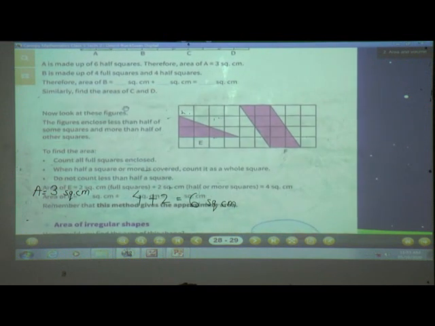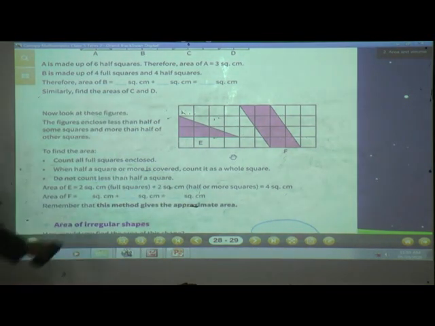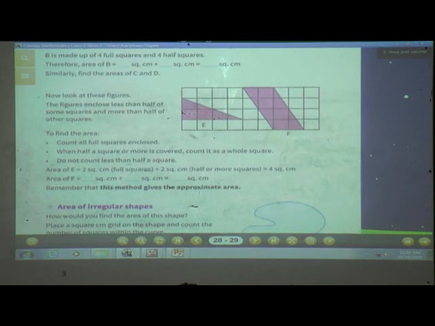Look at this figure. Here, the figures enclose less than half of some squares and more than half of other squares. See here. To find the area, how to find this area?